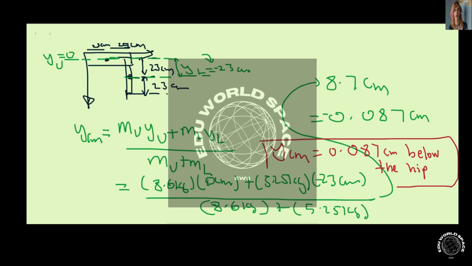That's what it means. The last part of the problem, we have to deal with the x, and we're going to do that on the next page. We still have the same similar scenario. This is 23 centimeters. This is the center of mass for the upper leg.